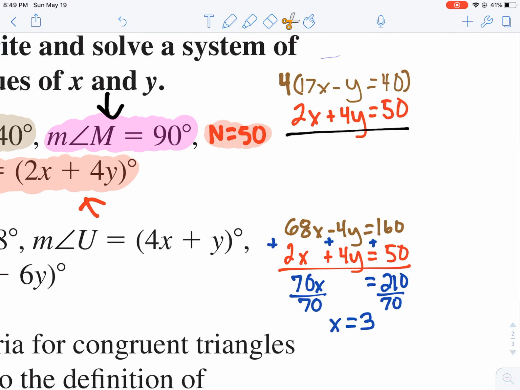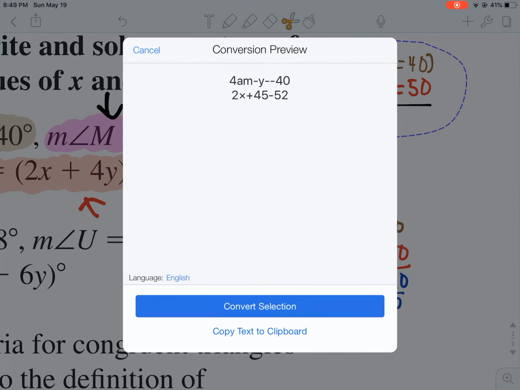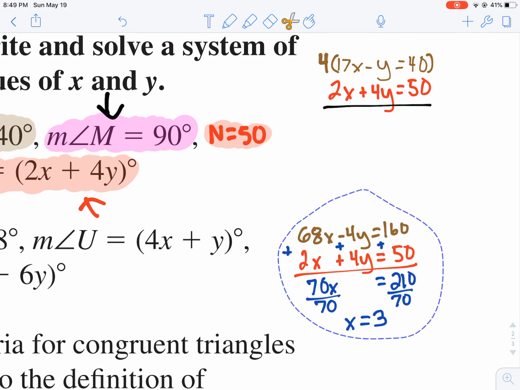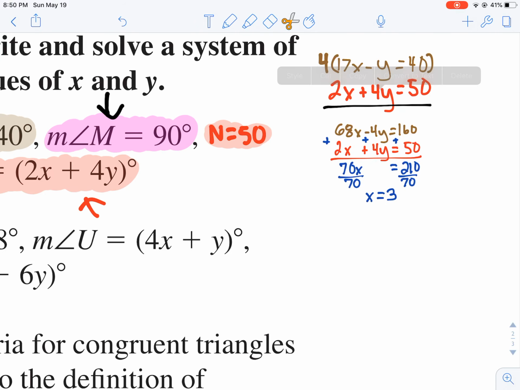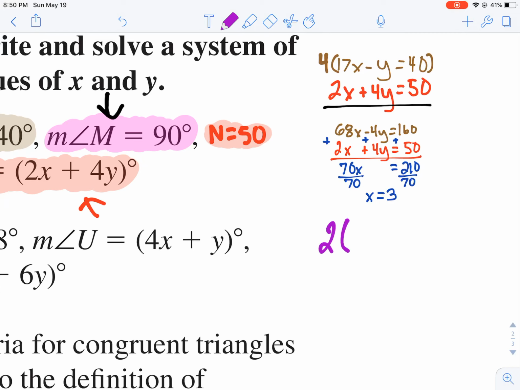Why? Seems a little bit easier to me. You might go a different way than I do. That's fine. Again, there are a number of different ways you can get here too. There is a right or wrong way, but there are a number of different right ways you can use to get here. So now I'm just going to plug in my x: 2 times 3 plus 4y equals 50. Gives me 6 plus 4y equals 50.